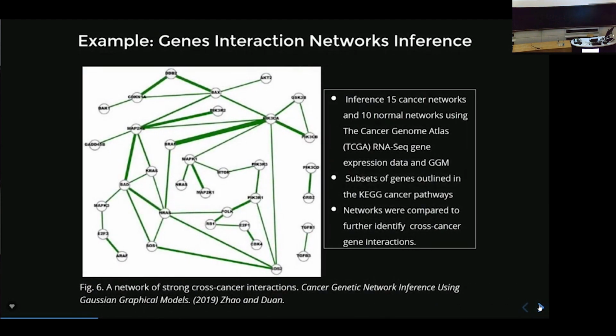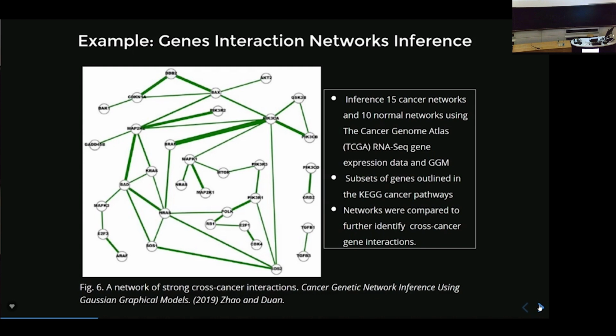And this is just from a paper, just to give you an example. So there were 15 cancer samples and 10 normal samples. This is RNA-seq data. What they did, they just focused on the genes that were highlighted in cancer pathways as related to cancer.